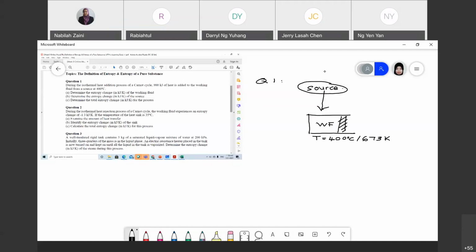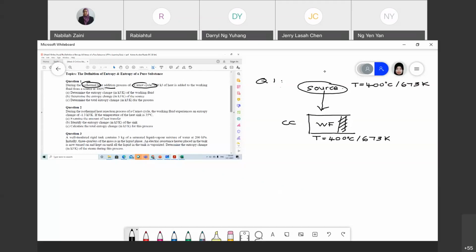If you are unable to hear or to see anything on screen, please let me know. It states here isothermal heat addition process of a Carnot cycle. So this is a Carnot cycle, with working fluid, from a source at 400 degrees Celsius, 673 Kelvin.